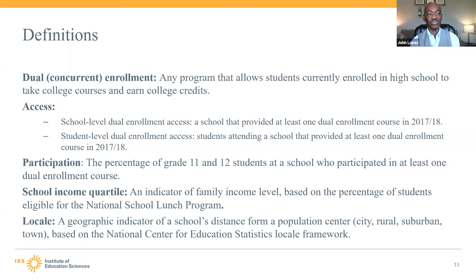We also looked at student level dual enrollment access, meaning students attending a school that provided at least one dual enrollment course in 2017-18. Participation is the percentage of grade 11 and 12 students at a school who participated in at least one dual enrollment course.